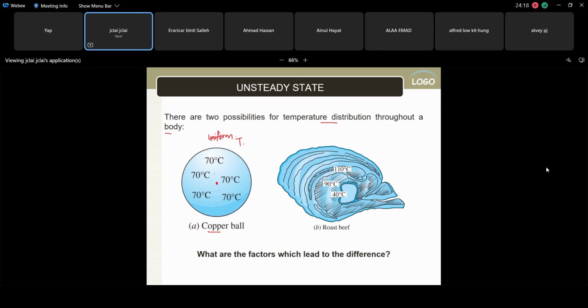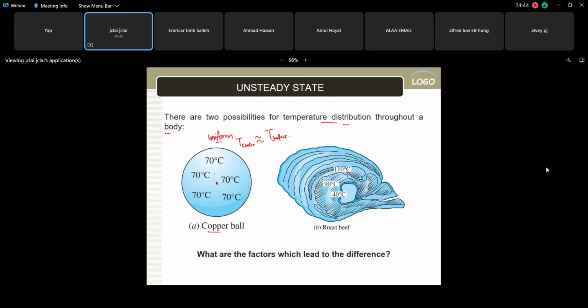T center of the copper ball is similar to T surface of the copper ball. This is condition number one, whereby the whole body has a uniform temperature distribution.